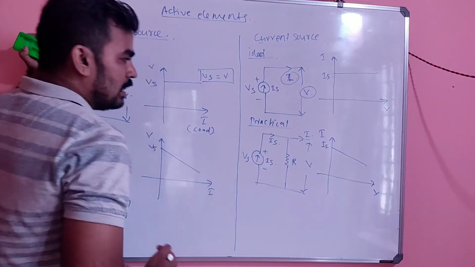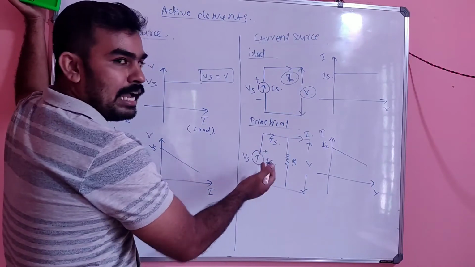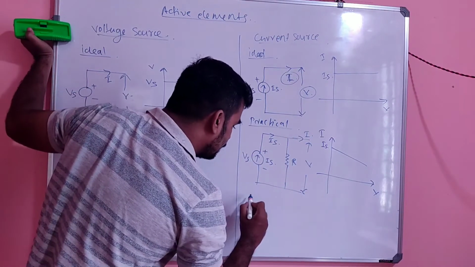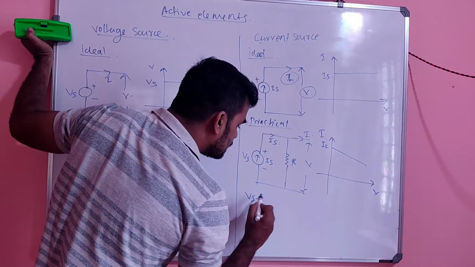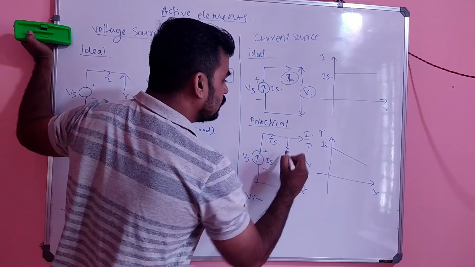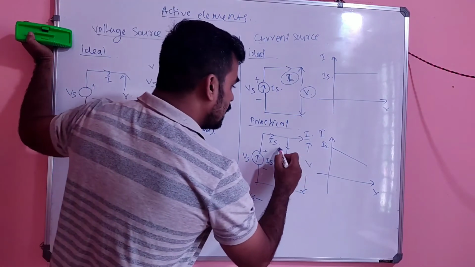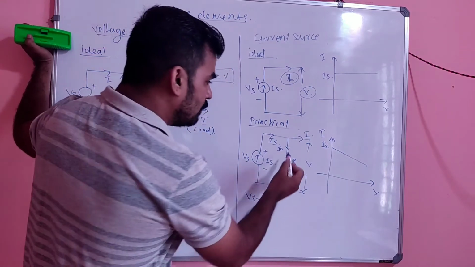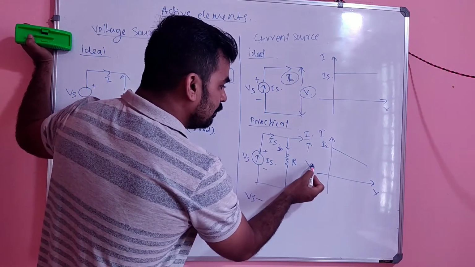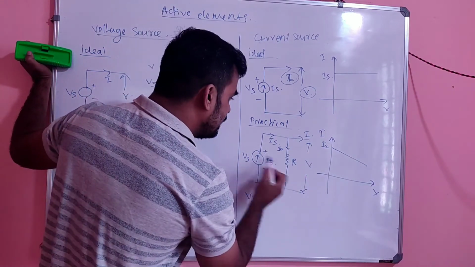So we can connect I, Vs, R and Is. What will be this current? Let it be I0. What will be this current? It is nothing but V divided by R, right?